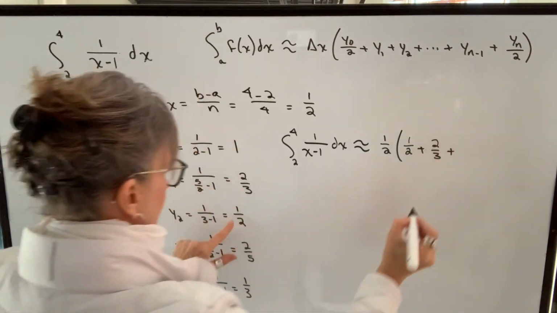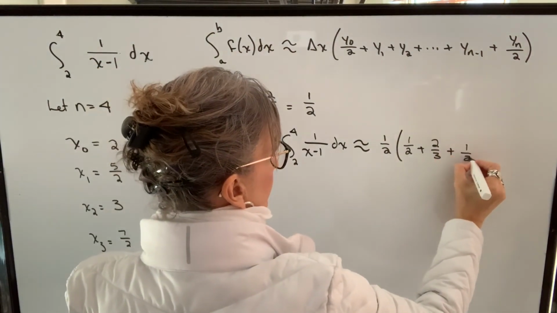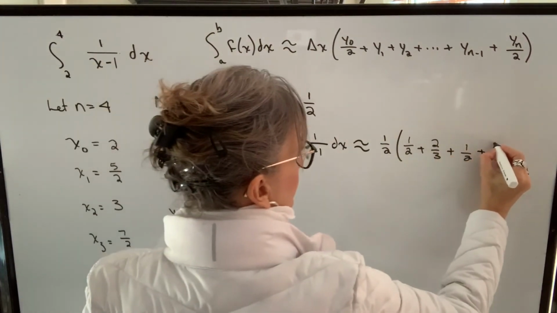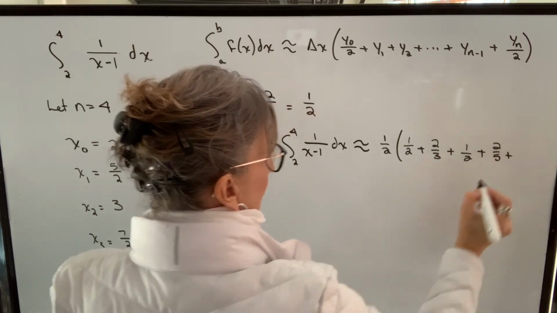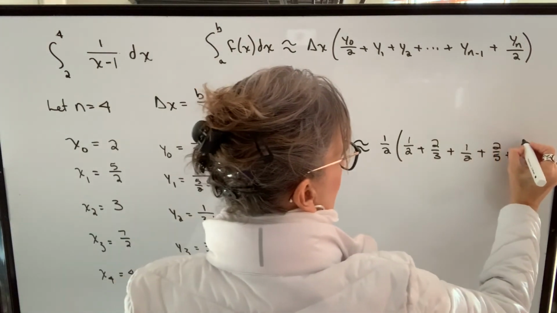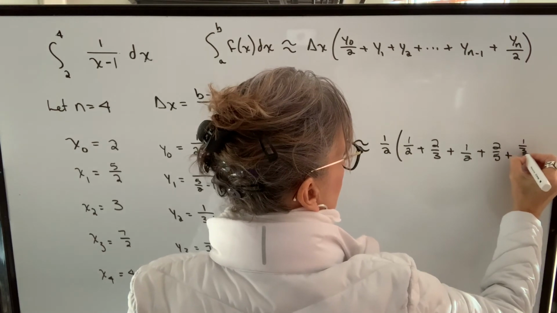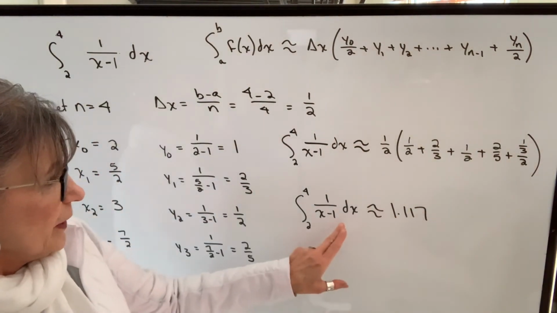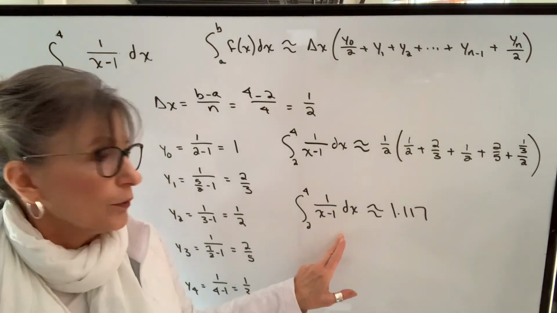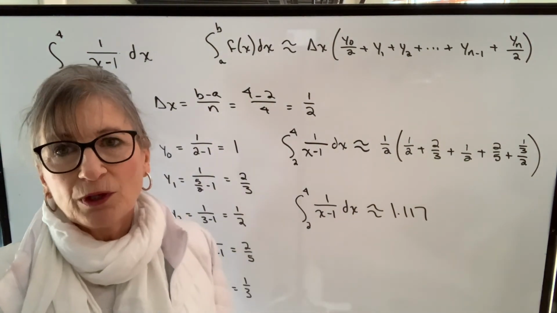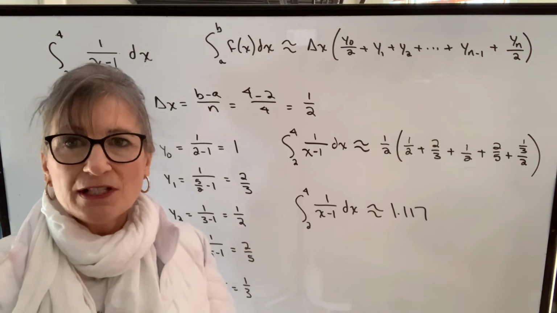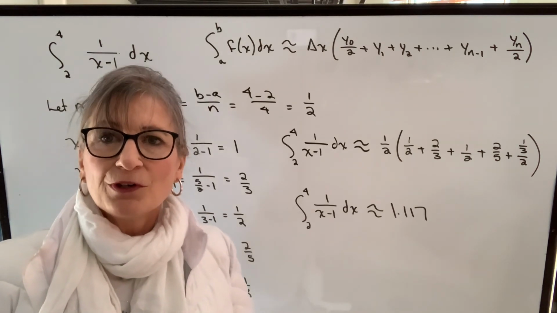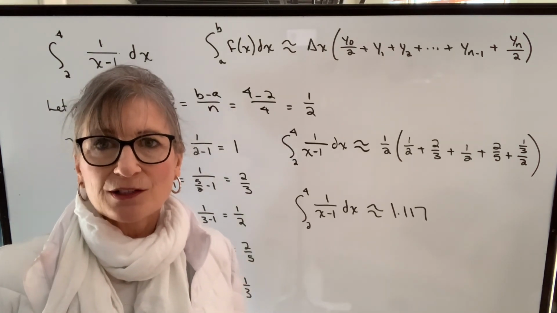So 2/3, 1/2, 2/5, and then the last one gets divided by 2. So 1/3 divided by 2. When we do the calculation, we get this definite integral equal approximately 1.117. Had we done more trapezoids, we would have had a better approximation, a more exact approximation.